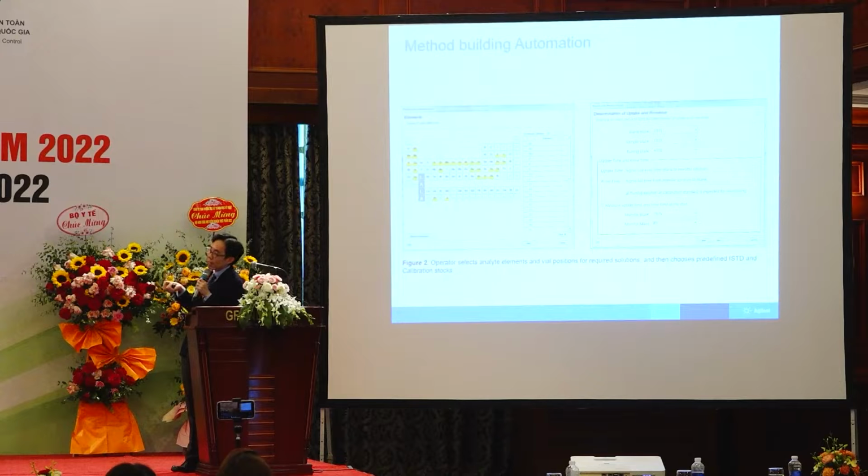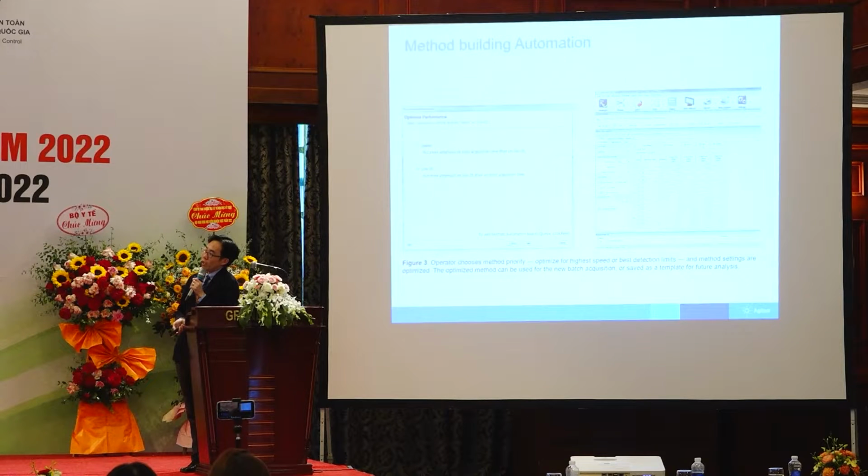Then some blank solutions. This is to let the software identify how much time the sample requires to be taken up before it can be analyzed, and how much time is required to rinse out. All this can be set up if there's an autosampler.